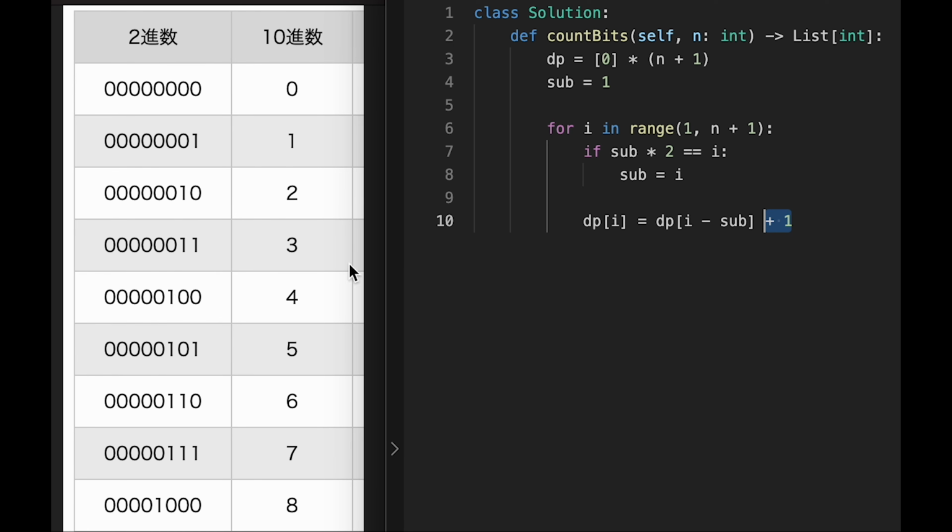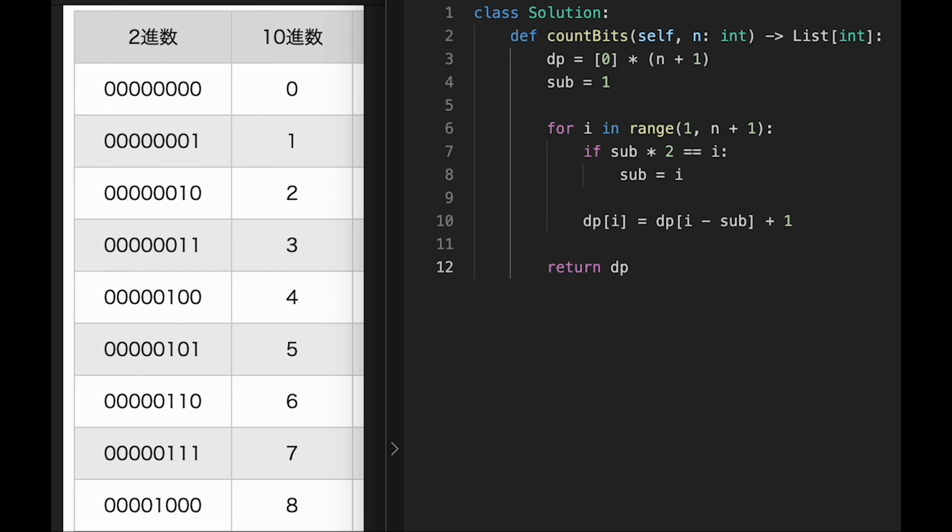So that's why this DP list doesn't have the third digit number. So every time we need a plus 1 for the most significant digit here, in this case the third digit from the right. So that's why we need plus 1. And then after that, just return the DP list.